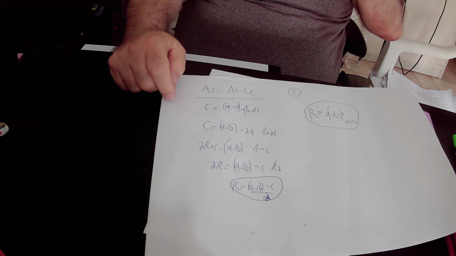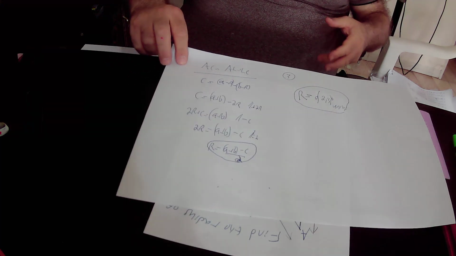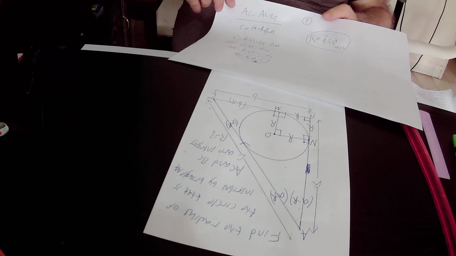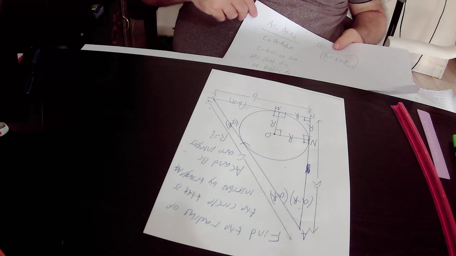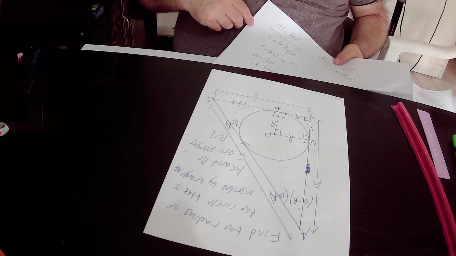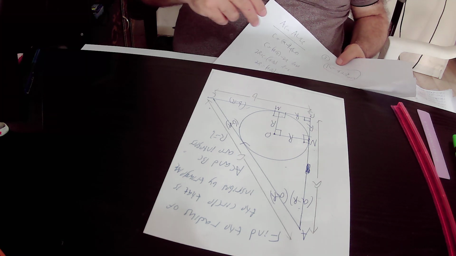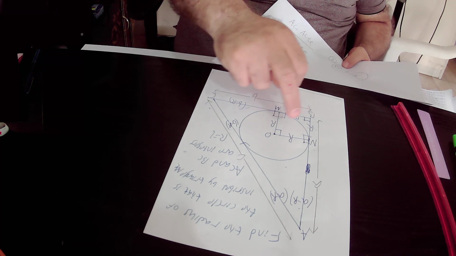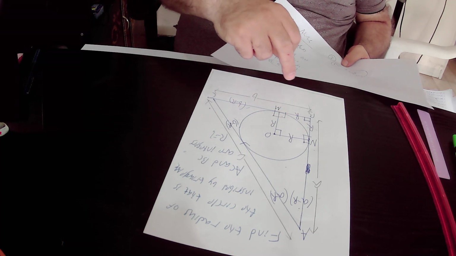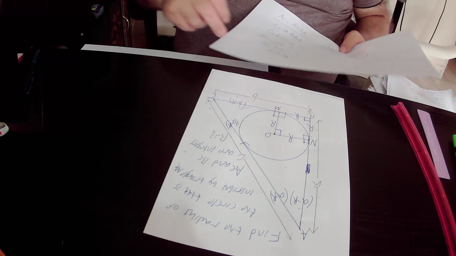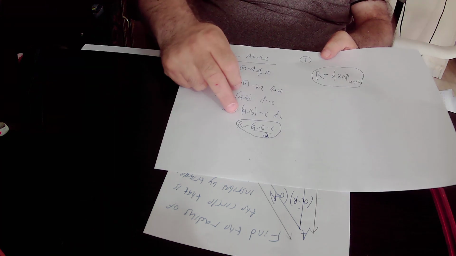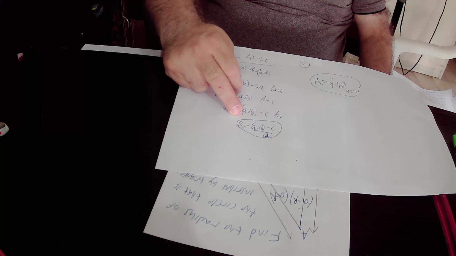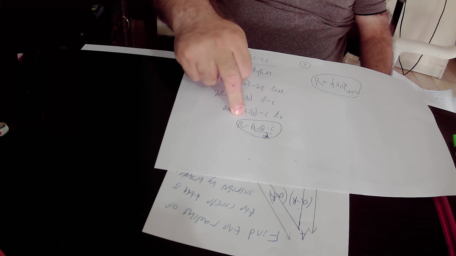So we found out the general equation for any right triangle that blocks a circle, and the radius of a circle that is inscribed by a right triangle equals R equals A plus B minus C over 2.